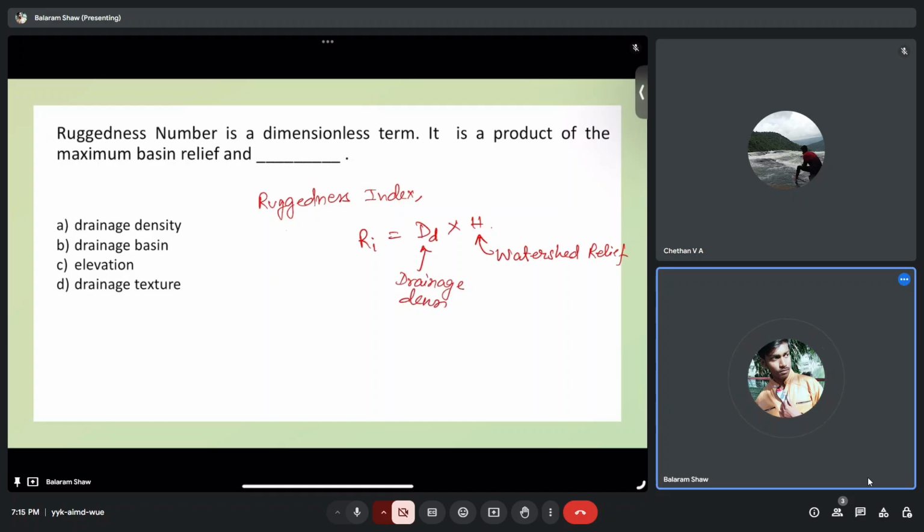So the ruggedness number is the product of maximum basin relief and maximum drainage density. The correct answer will be drainage density, A.